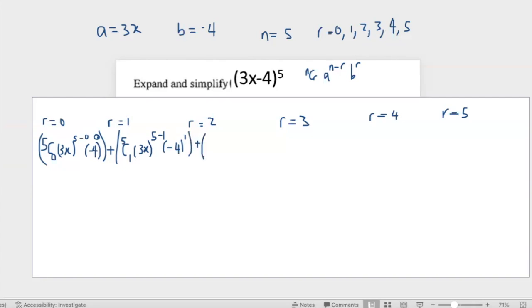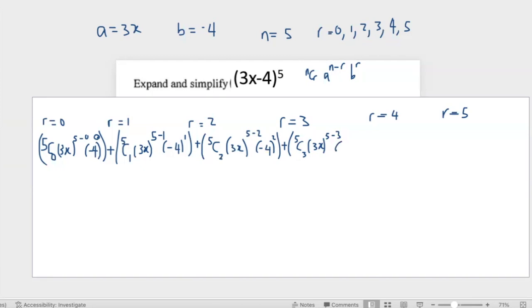Plus r equal 2, so I have 5C2. Then I have 3x to the 5 take away 2. Then we have -4 raised to the power 2. Plus r equal 3, I have 5C3. Then we have 3x, and instead of 5 take away 2, I have 5 take away 3.